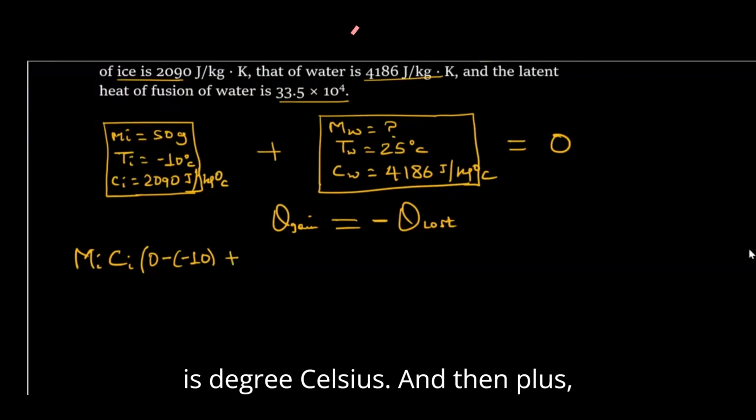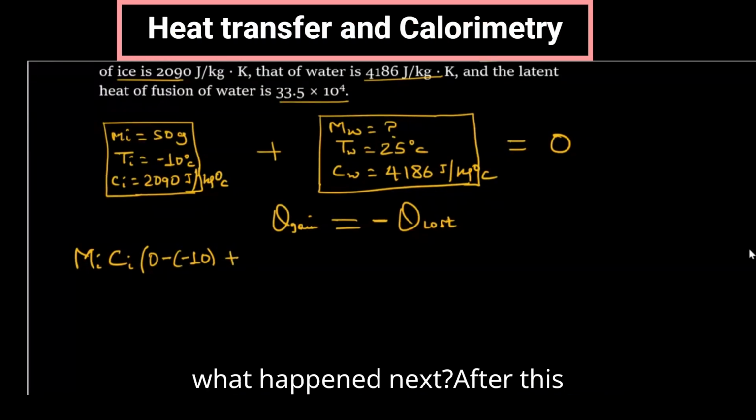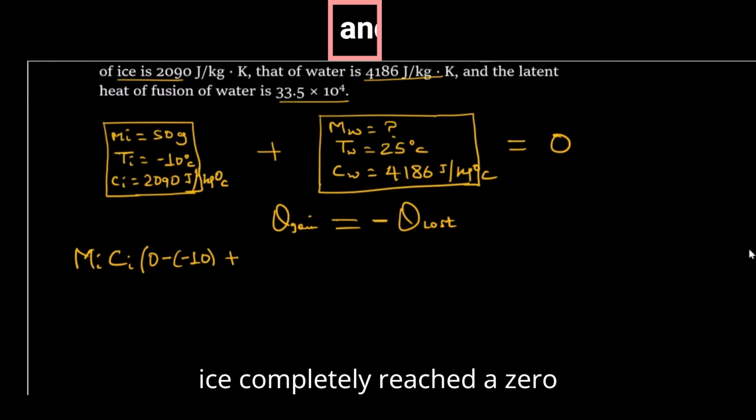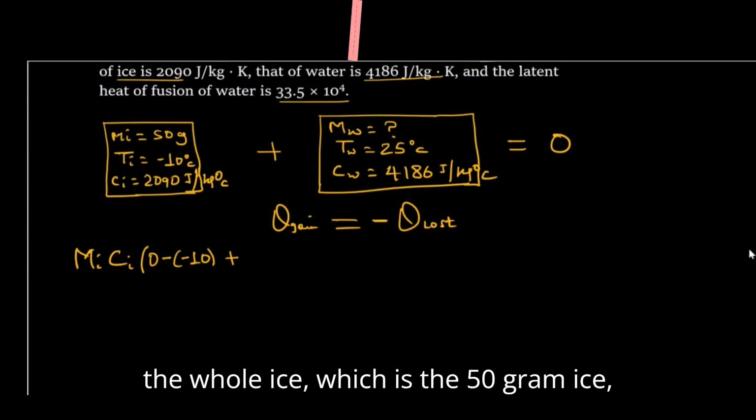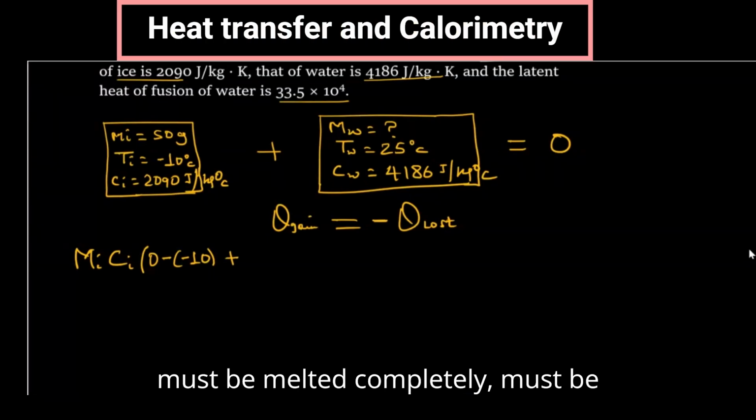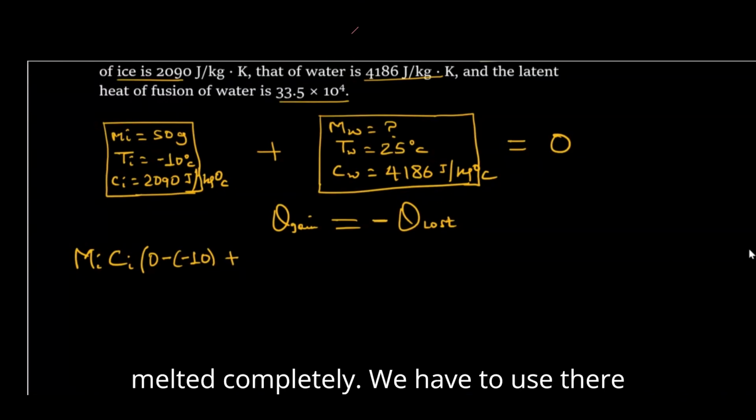And then plus, what happened next? After the ice completely reached a temperature of 0 degrees Celsius, the whole 50 gram ice must be melted completely.